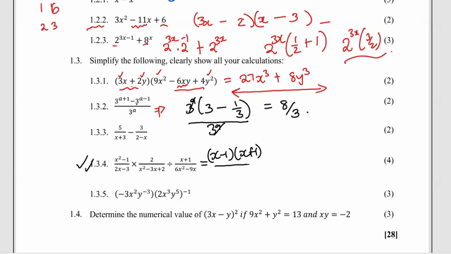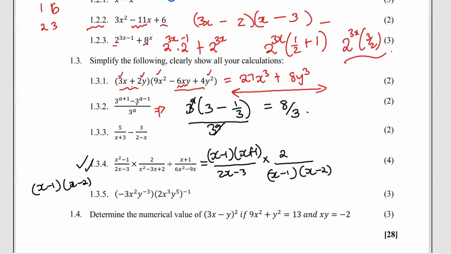And then this is all over the 2x minus 3. We're multiplying it by 2 over x squared minus 3x plus 2, which is the same as x minus 1 and then x minus 2. Okay, so factorize that. You have x minus 1 and then x minus 2.